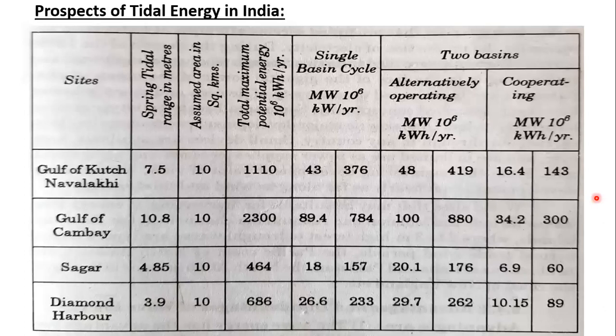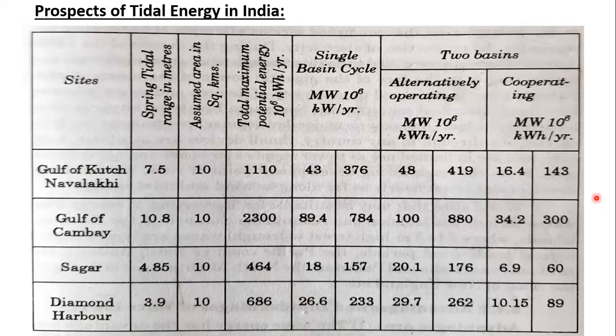Actually, the possible sites for tidal energy in India are obviously those where we get high tidal ranges, right? For example, the Gulf of Cambay, Bhavnagar, Sonarai, and the Gulf of Kutch, Kandla, Navalakshi, and the Hooghly River.